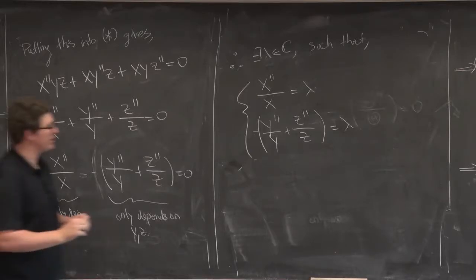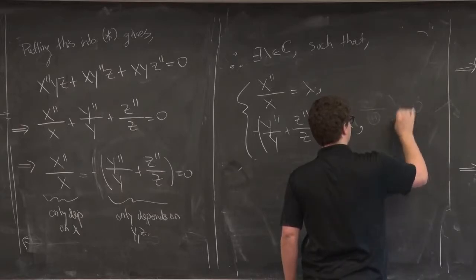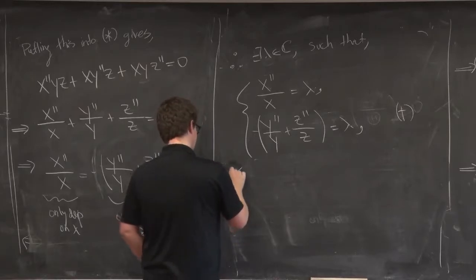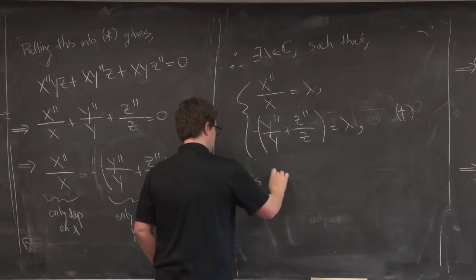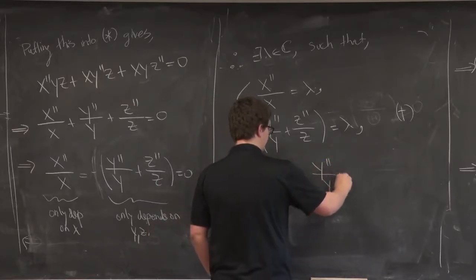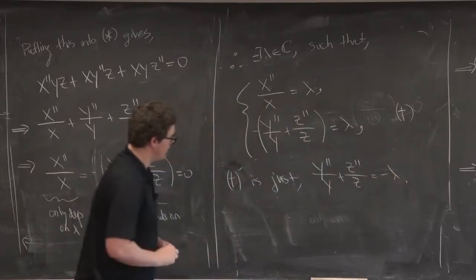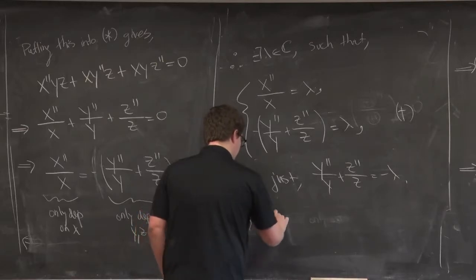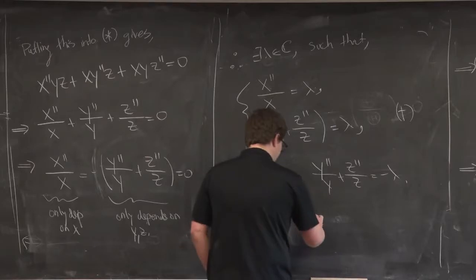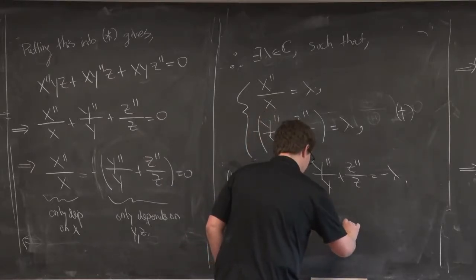So from the second equation, let's call this dagger. Okay, we'll separate out the second equation again. The following, so let's write it like this: y prime prime over y plus z prime prime over z, that's minus lambda. Okay? And so this tells us that y prime prime over y is equal to minus z prime prime over z minus lambda.